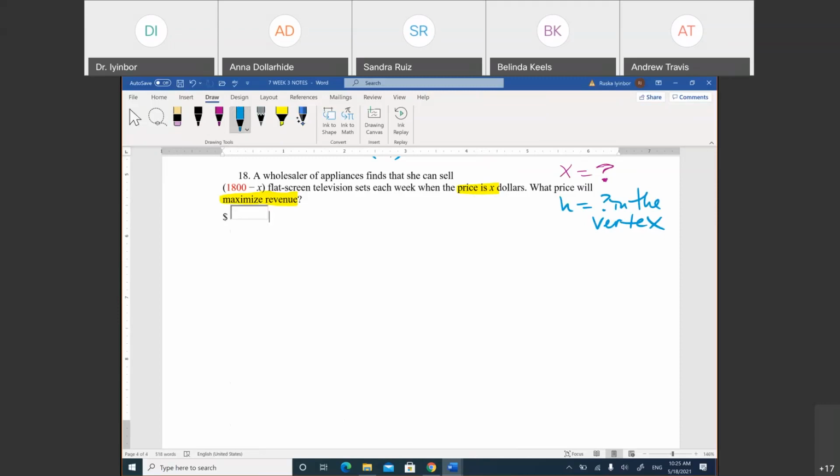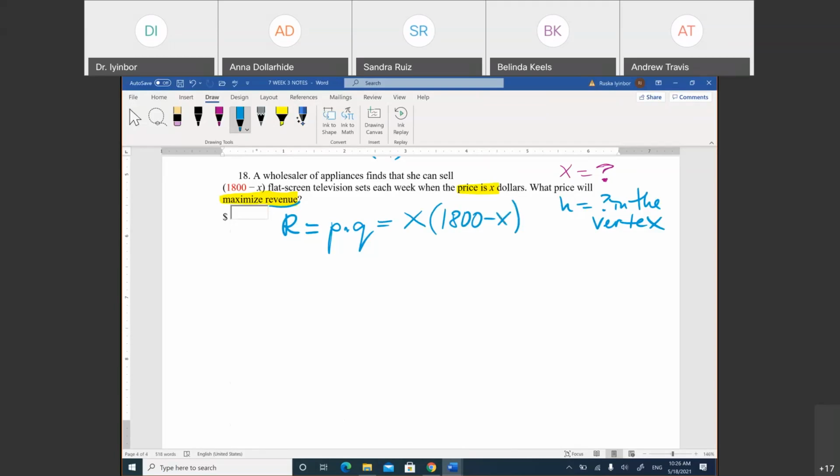So let's see what is the function. We're talking about revenue, right? The formula for the revenue is price times quantity, right? I'm going to write it P times Q. So revenue is how many TVs you're selling times the price. What is the price? The price is X. And the quantity, how many? 1,800 minus X is the quantity.